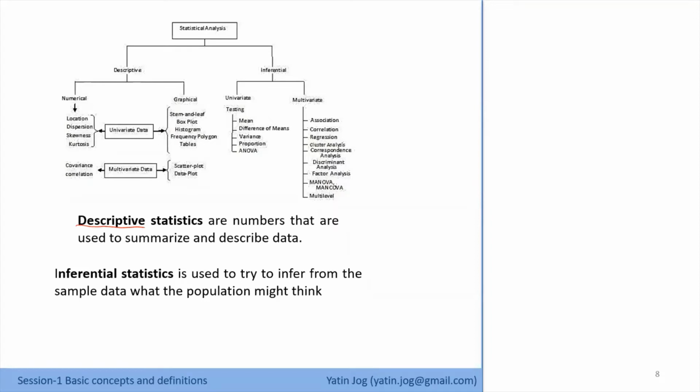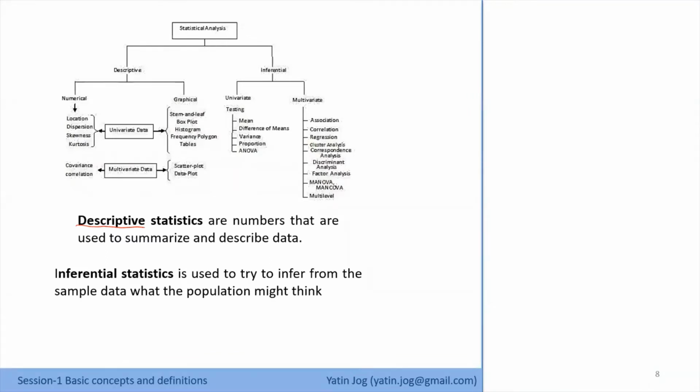Mean, median, mode try to describe the behavior of my data, so that comes under descriptive statistics. And as we have discussed, when based on a sample study we try to create some inference about the population, all these methods come under inferential statistics. So inferential statistics is used to infer from the sample data about the population.